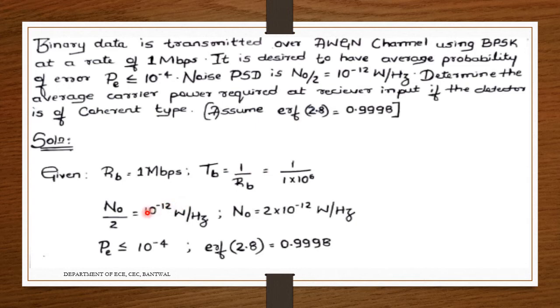Then N0 by 2 is equal to 10 to the power of minus 12 watt per hertz. I want N0 only, so N0 is equal to 2 into 10 to the power of minus 12 watt per hertz, because I am cross multiplying here. And probability of error is less than or equal to 10 to the power of minus 4, and error function of 2.8 is equal to 0.9998.